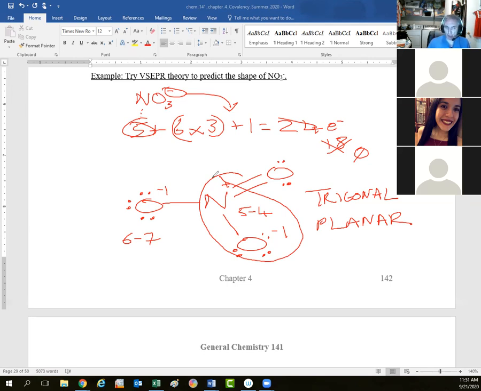But the charges are a problem, and that explains why nitrate is actually so potentially explosive. You're halfway to TNT with nitrates. And then of course a bond angle from one bond to the next, bond angle of 120 degrees. Okay.